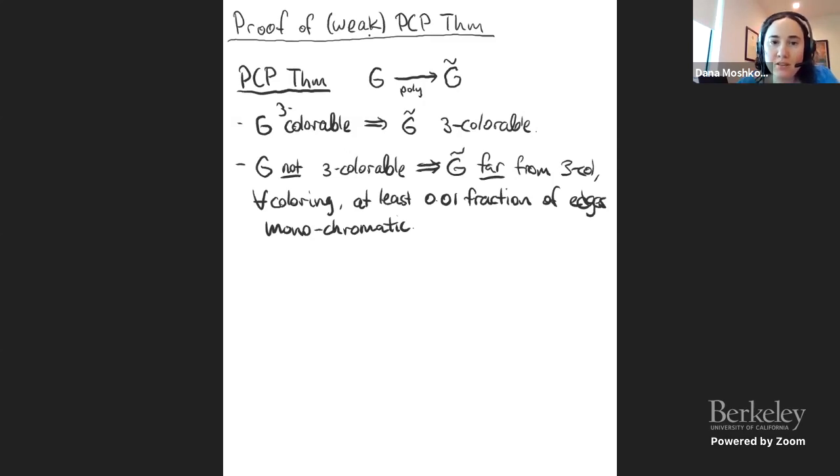Okay, so for G, you're given a coloring. You really have to go over the entire coloring to check it, and for G tilde, you don't need to go over the entire coloring. It's enough to pick a random edge and check if it's good, if it's bichromatic.